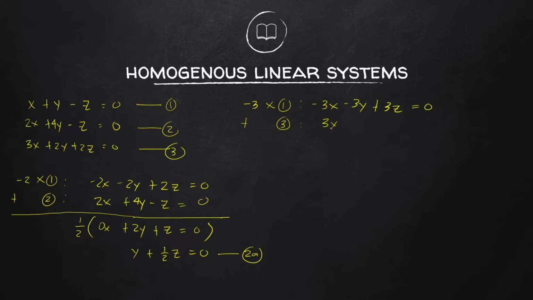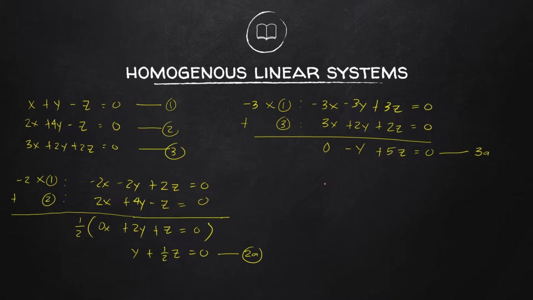That would be 3x plus 2y plus 2z. This would be 0. This is -y plus 5z, and this is equal to 0. I will call this equation 3a.